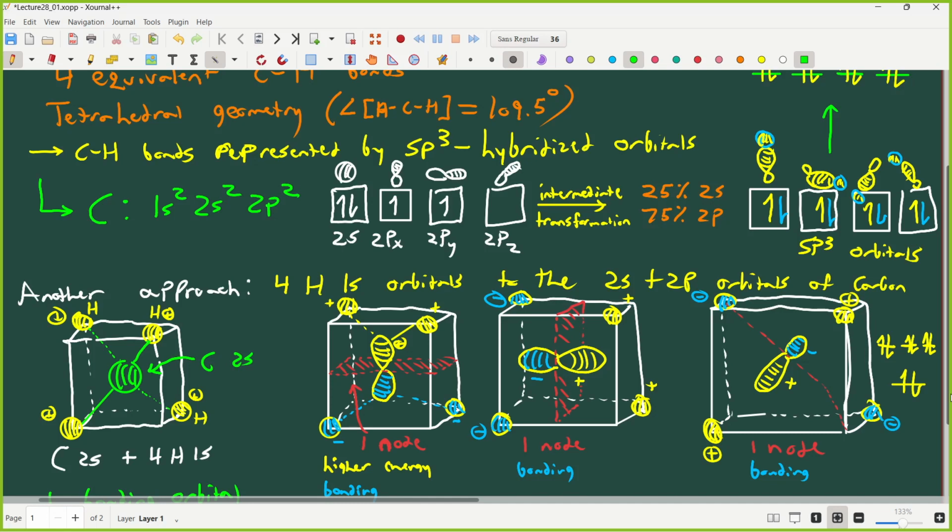But the idea is that the orbitals themselves also have to show that same tetrahedral symmetry that methane does. And as you can see here, this just looks like methane. It has the symmetry of methane. This does as well, this does as well, this does as well. It's not too hard to show, with a little bit of work, that all of these are valid under the symmetry requirements of a tetrahedral structure. They have the same symmetry elements of the molecule itself.